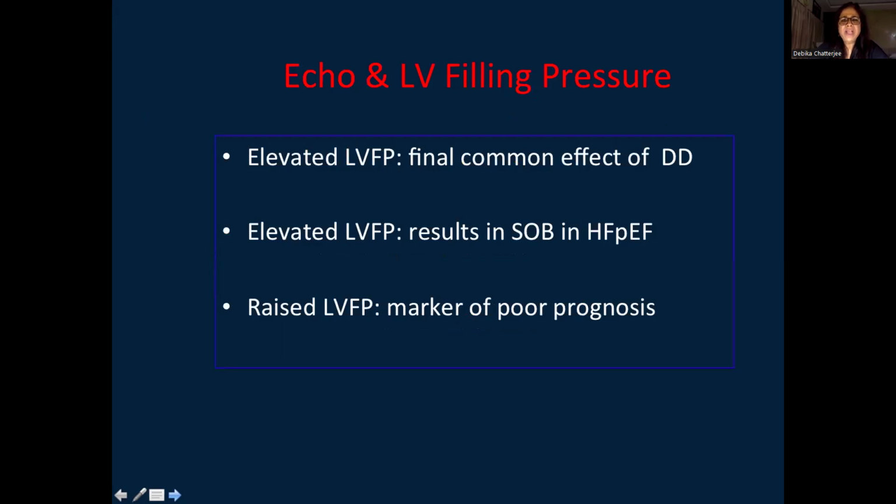We can find out that the LV filling pressure is high, because it is the final common effect of diastolic dysfunction in the heart, and it is the elevated LV filling pressure which results in shortness of breath in this group of patients. And also, this raised LV filling pressure is a marker of poor prognosis.